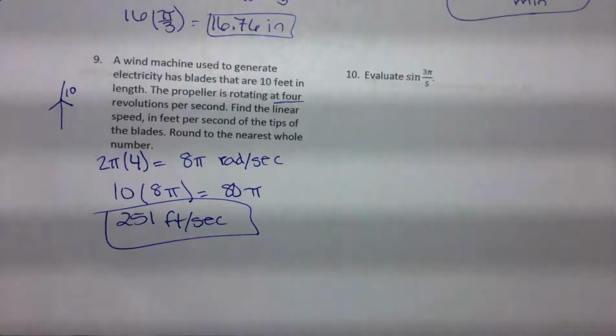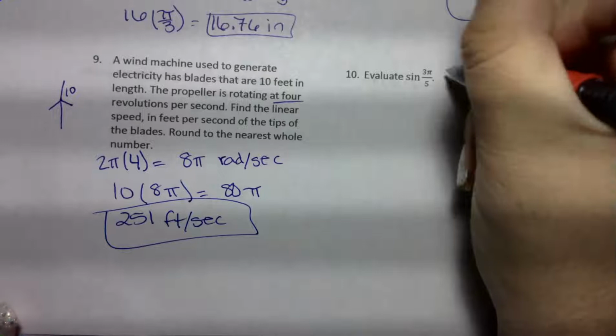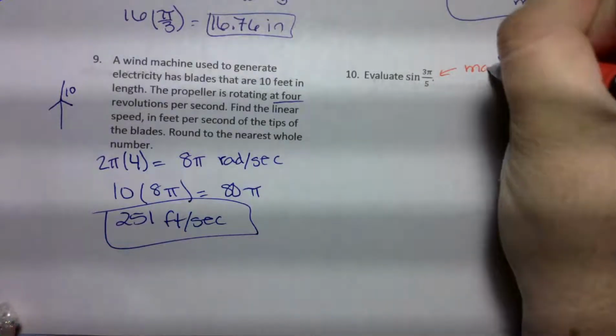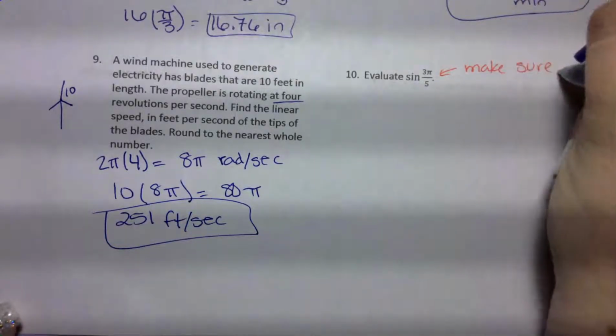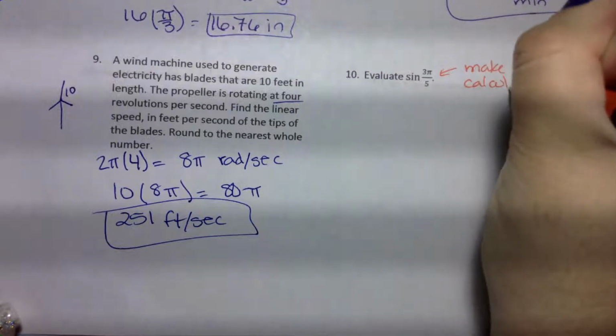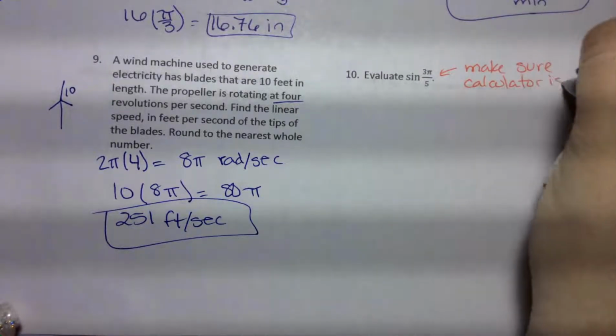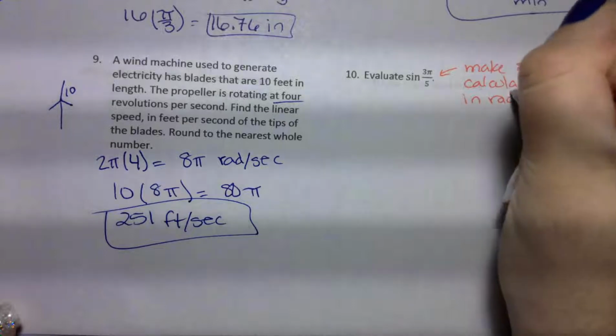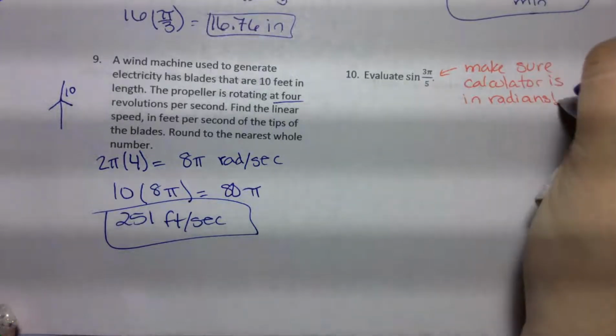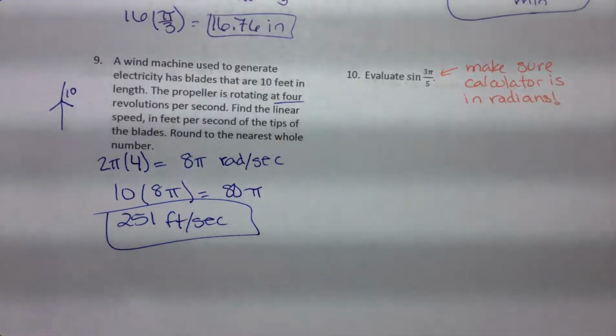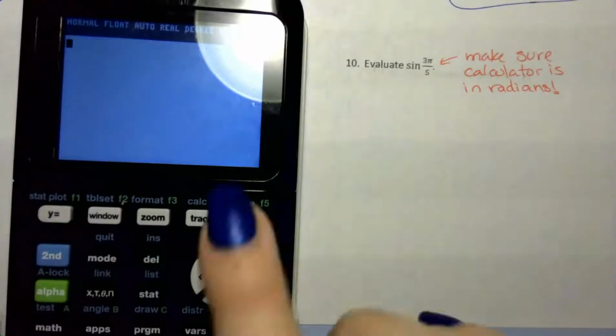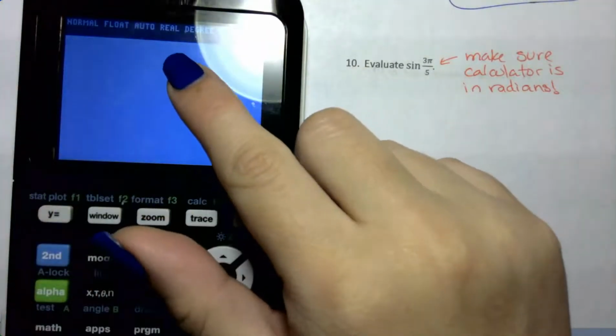Number 10 wants me to evaluate sine 3 pi fifths. This one, I want to make sure the calculator is in radians. If I'm on a newer calculator, it will tell me the word up above right here.